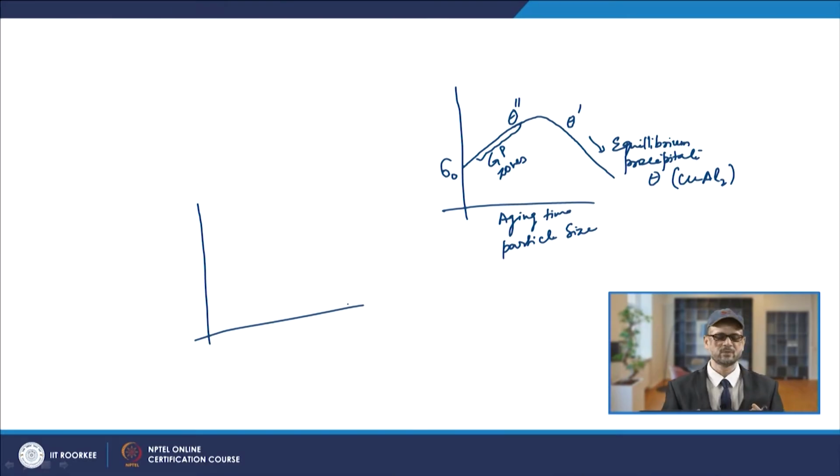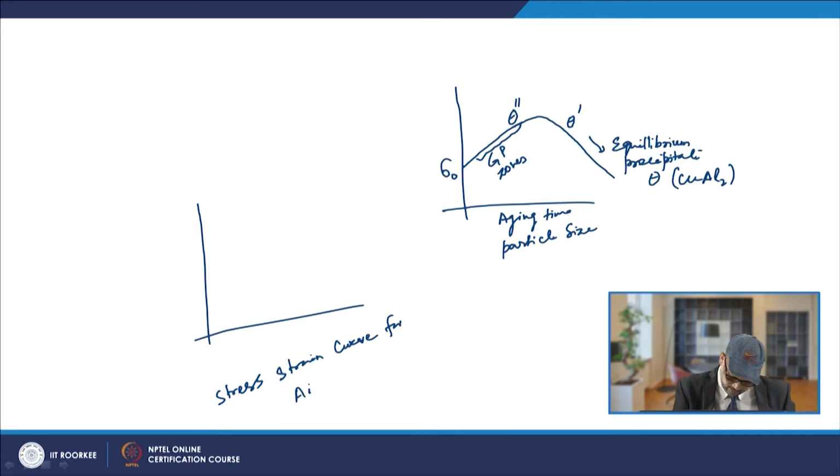Now, if you draw the stress strain curve for this aluminum copper single crystal, experimental results have indicated that when you have pure aluminum, it goes this way. So, this is your shear stress, and this is shear strain.